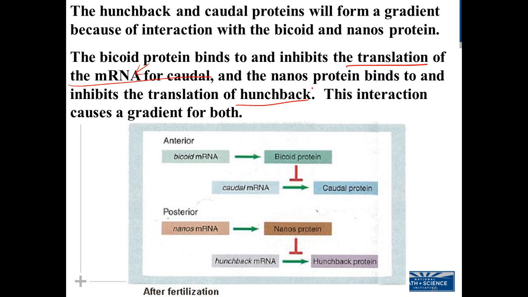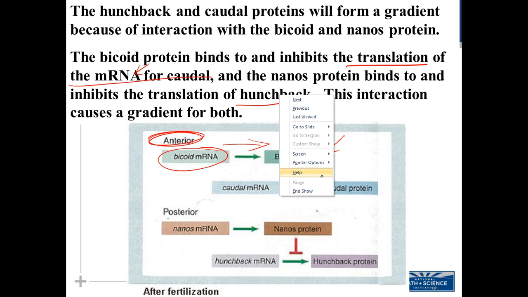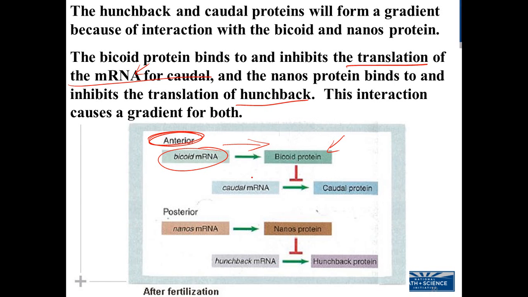So looking at this flow chart, if you will, here is the bicoid messenger RNA. The bicoid messenger RNA is found at the anterior end. It produces the bicoid protein. Now, the bicoid protein interacts with the caudal messenger RNA, and the caudal messenger RNA produces caudal protein. But you're not going to find it at the anterior end because the bicoid stops its translation.